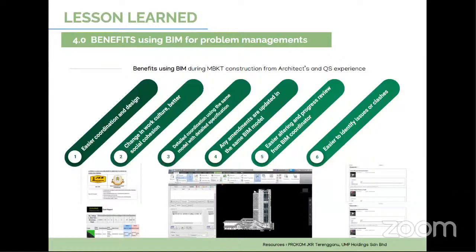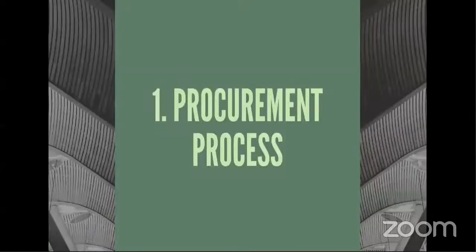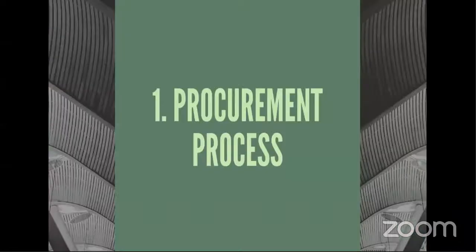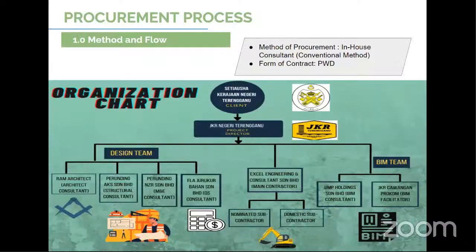For this group, I'd like to comment that when you explain your procurement process, you should explain it more. I know you said it's a traditional procurement system, but for this project it's a bit different, right? It went through several stages of procurement because they needed to hire a third party to do the BIM work and the BIM modeling.